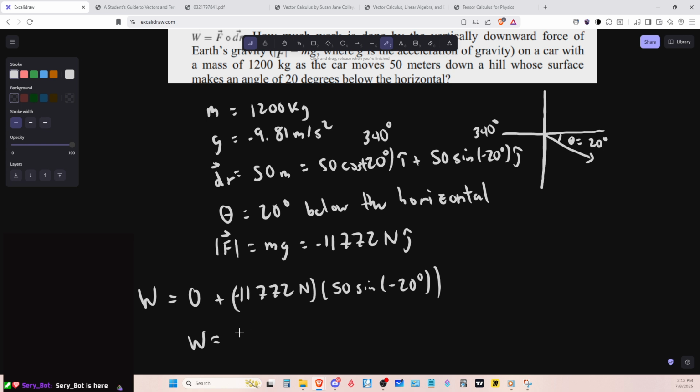So the work done, we'll just leave it like that, and that'd be in joules. I think the unit we use for work is joules.